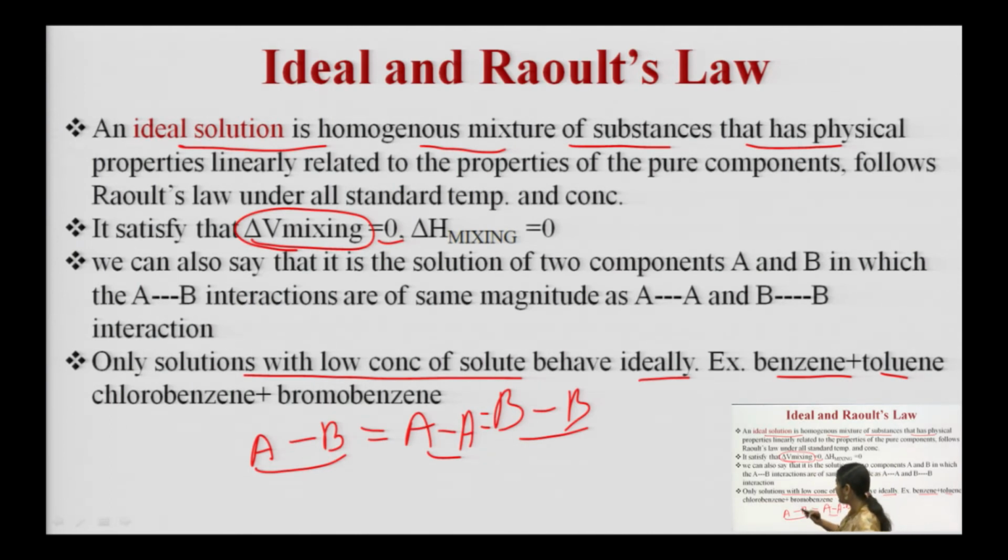Del V of mixing means, suppose the volume of the solute plus the volume of the solvent, when added, gives V A plus V B, meaning the final volume is also V A plus V B. So, if we subtract the initial from the final, we get 0. So, del V of mixing is 0. Similarly, del H of mixing is also 0.